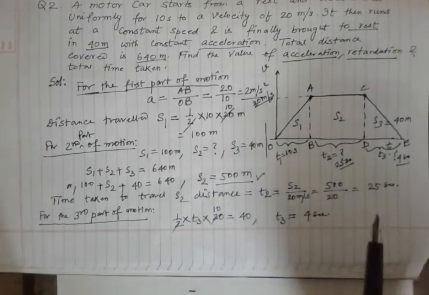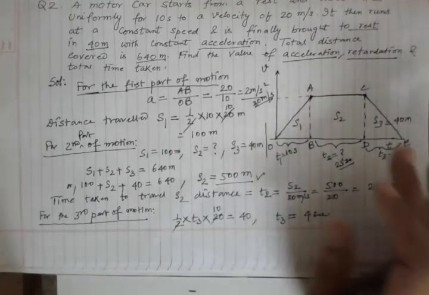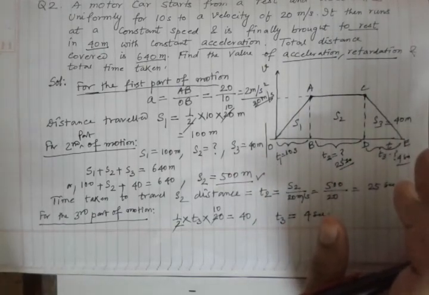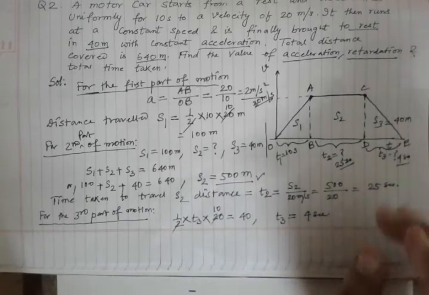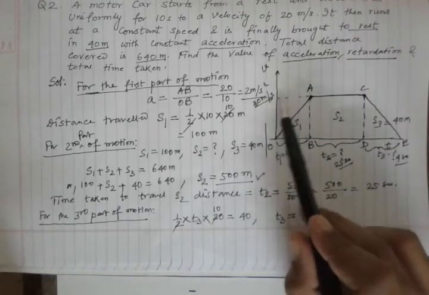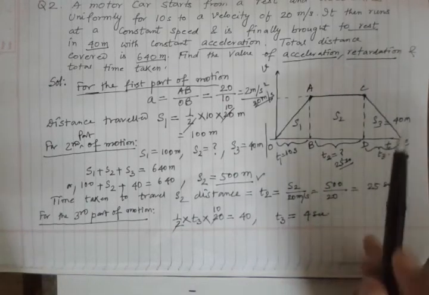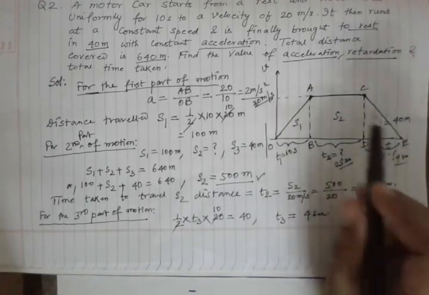Okay, now total time we can find out by adding. But how to find out the retardation? See, to find out the retardation, the velocity was 20, and now the velocity came to 0. Or you can find out the slope of this graph.